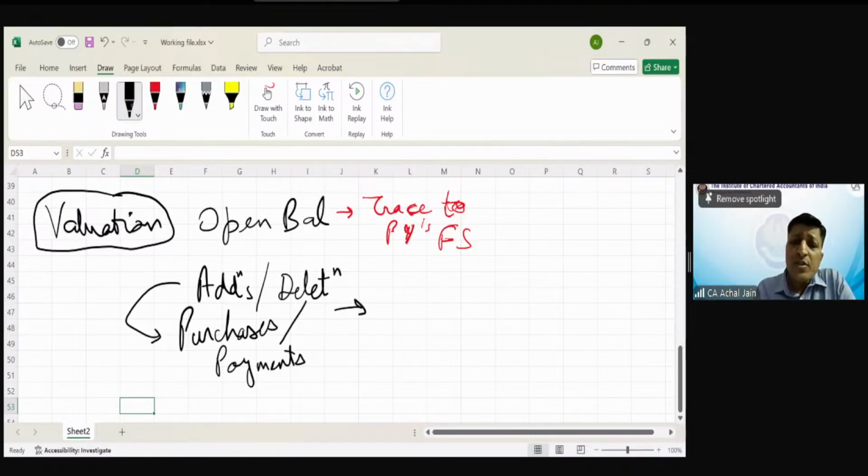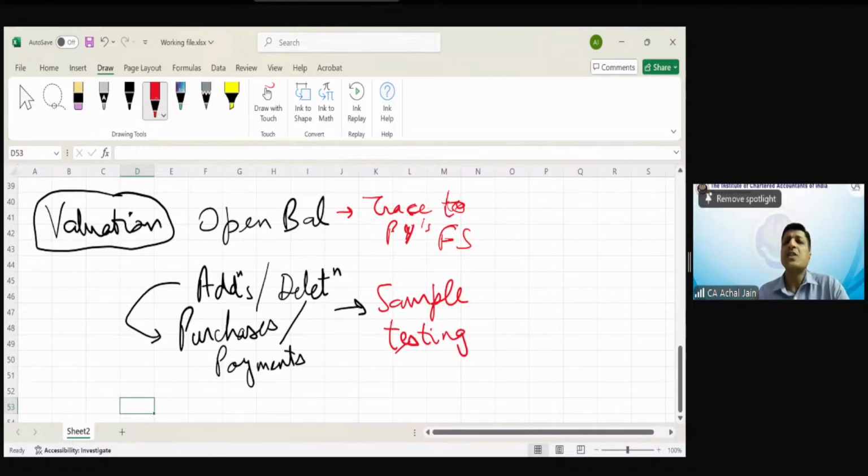Okay. But of course, we can also include that audit procedure, that sample testing of purchase invoices, purchase transactions, through the invoices, through the agreements, through POs, through various other supporting documents are required to be verified.